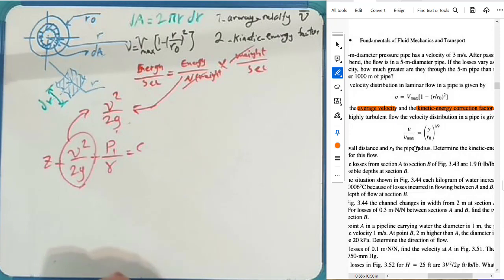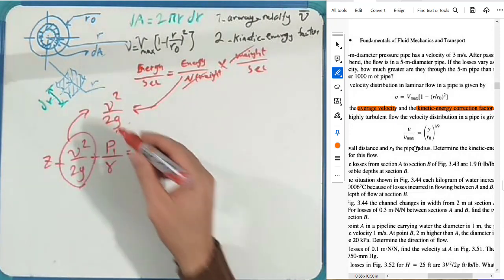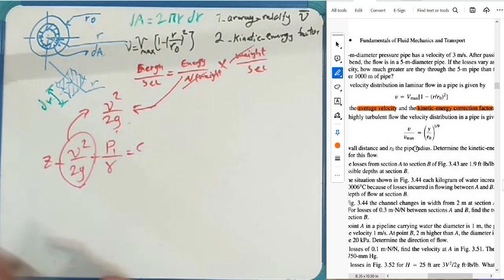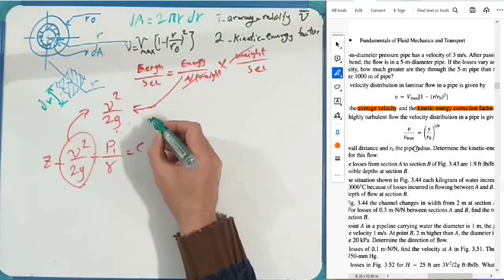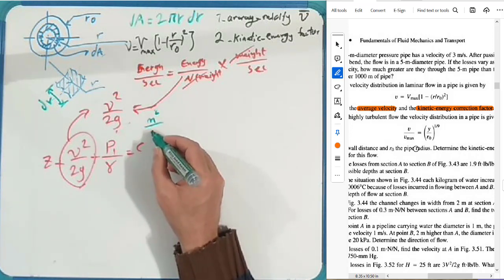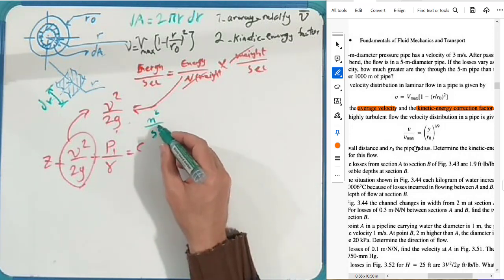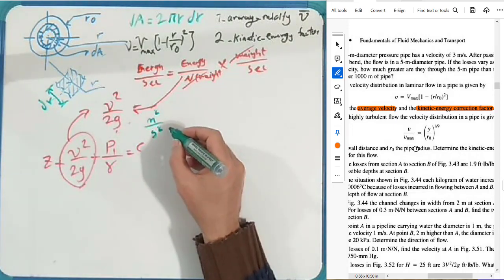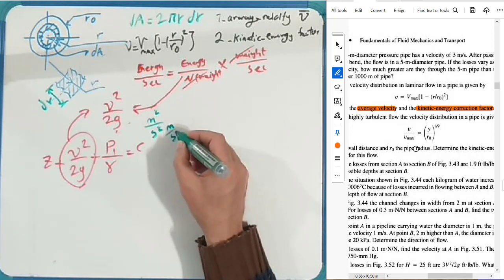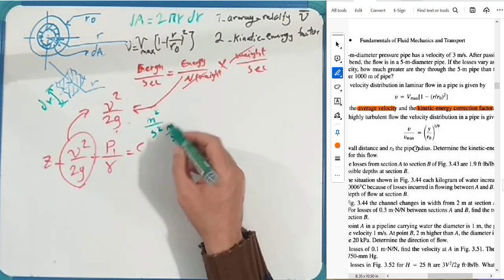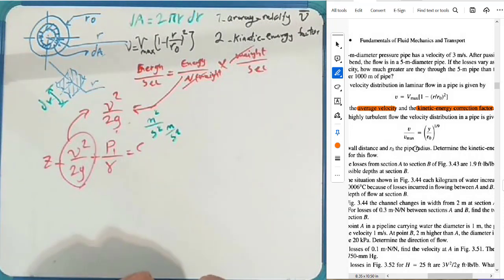Okay? Then I want to use this term because you know that v squared would be meter squared per second squared, and we have here g, meter per second squared. Well, that would be meters.